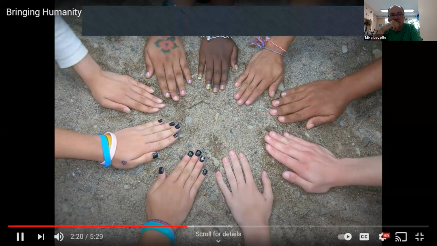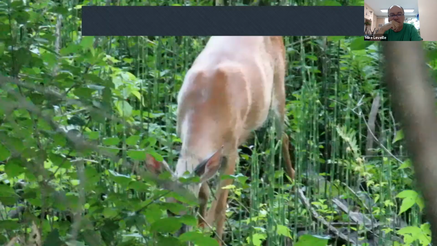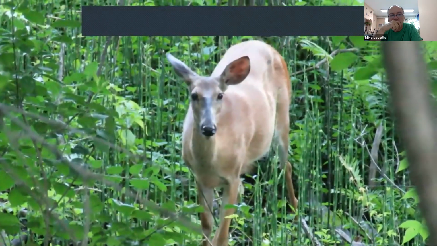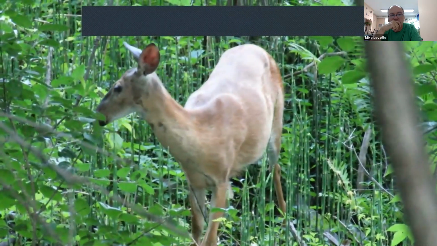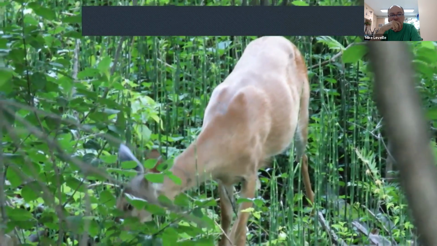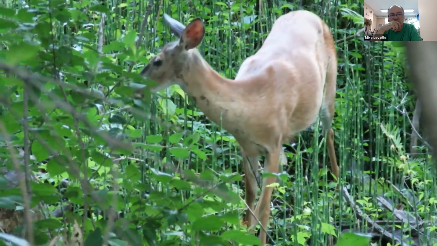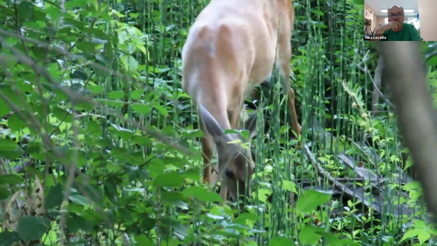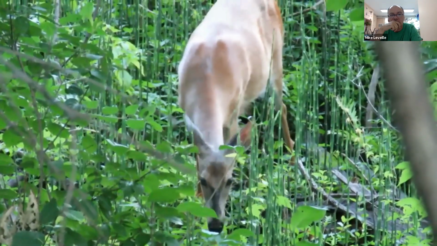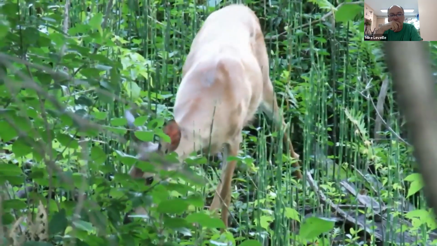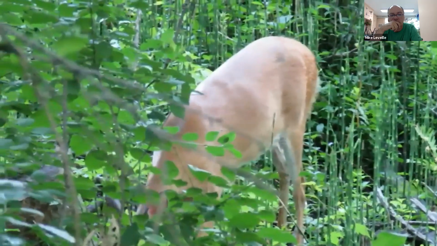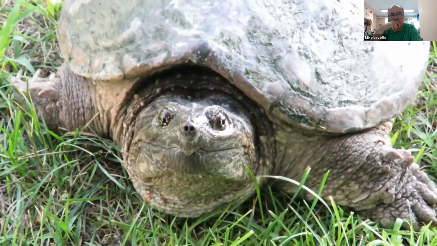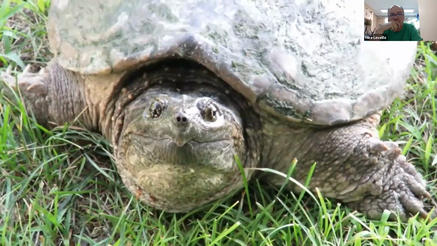UNESCO's Man and the Biosphere program is connecting people to nature. Biosphere reserves have three interconnected functions: protecting bio and cultural diversity, fostering economic and human development, and serving as a site for environmental education, training, and research. There are currently 714 biosphere reserves in 129 countries.